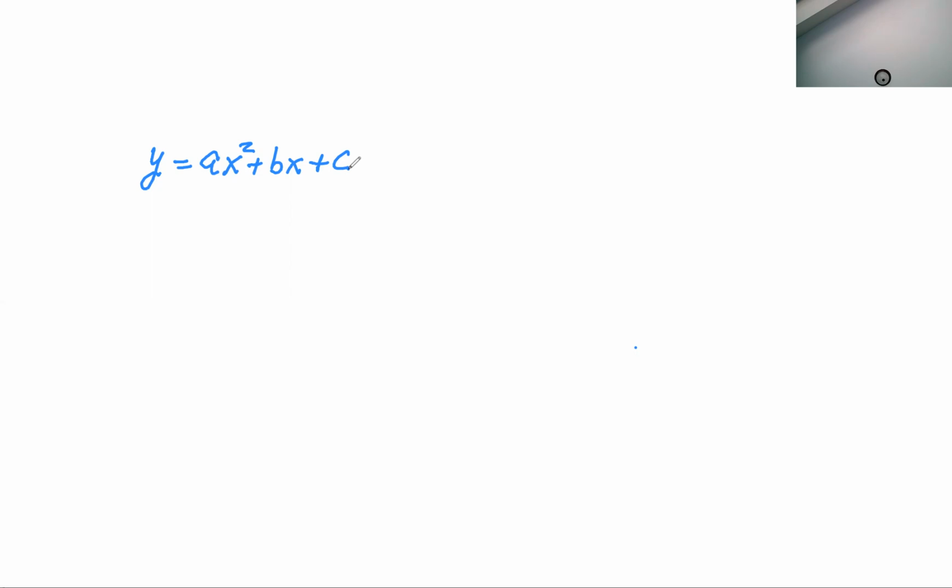And the idea is that you don't have a quadratic unless the a value is not equal to 0. Because if not, the x squared goes away, and so it won't be a quadratic. And so what we're going to be focusing on is setting y equals 0, or setting the equation equal to 0 and solving.